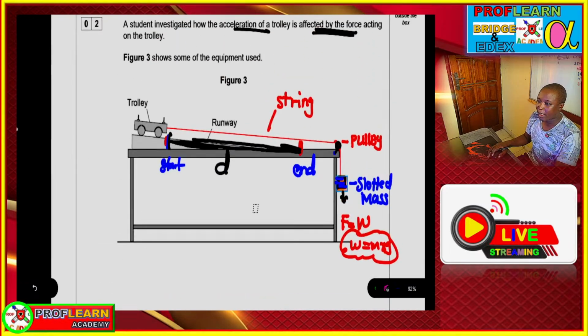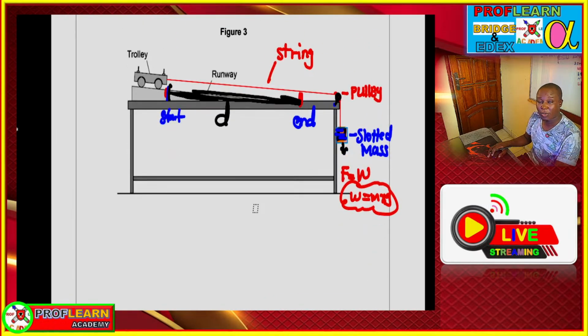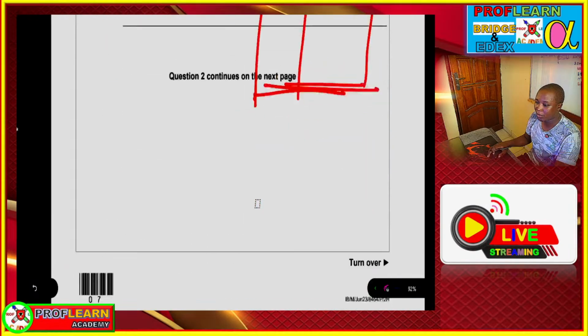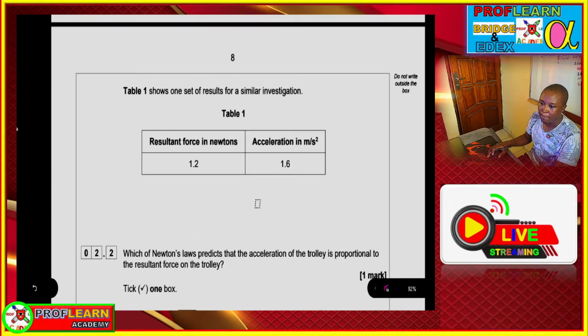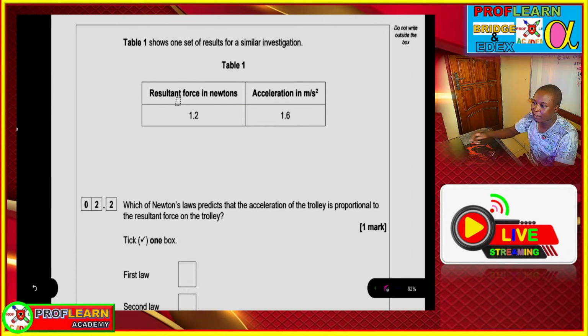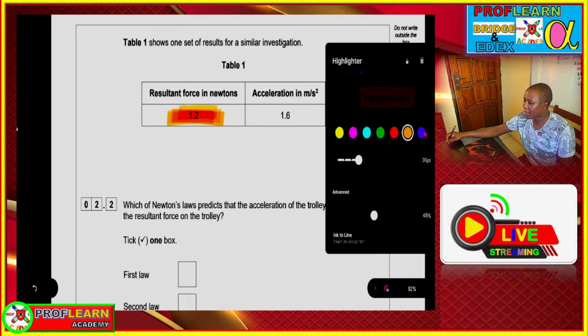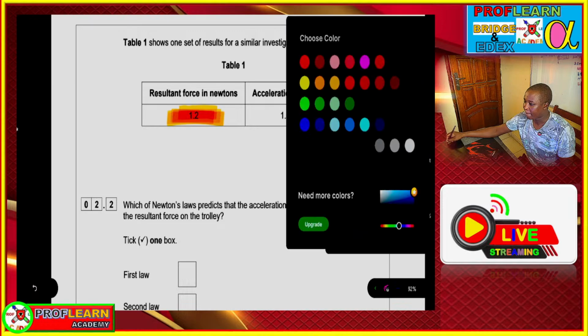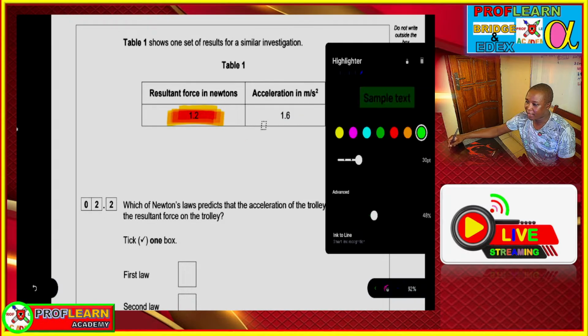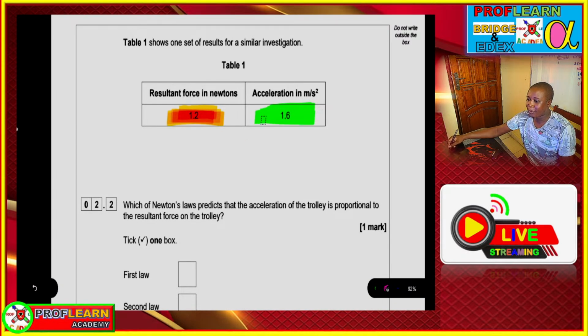All right, this is one of the required experiments you really need to know how to work out. We are told that the table shows the resultant force of a similar investigation. We have the resultant force as 1.2 newtons, and the acceleration is identified as 1.6.